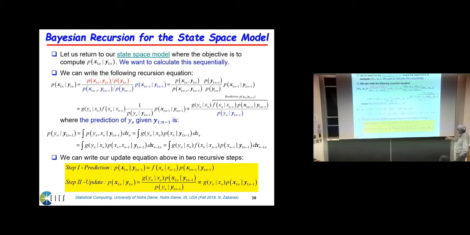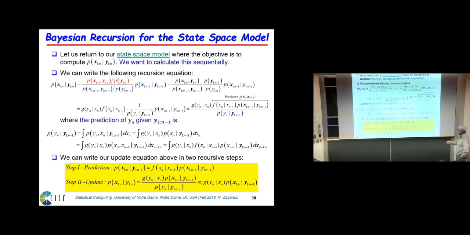It's f of xn given xn minus 1 times the previous posterior. So this term here, you do this prediction using only the previous data, and figure out what the next value of xn is going to be at the next step.